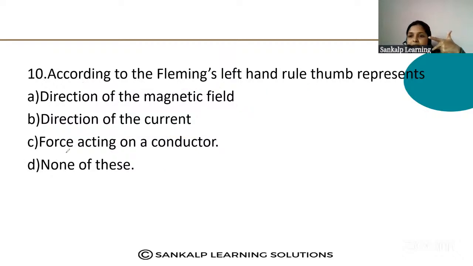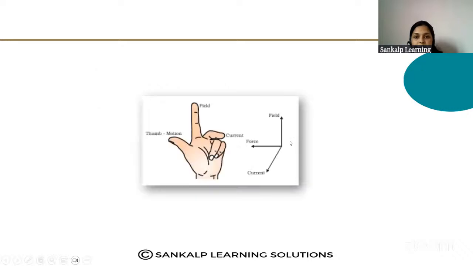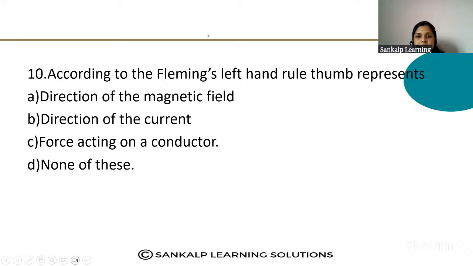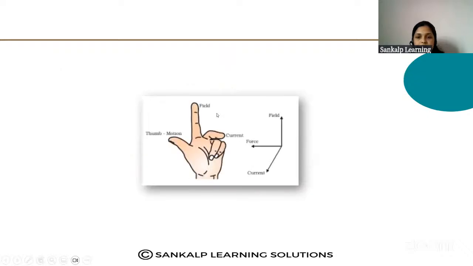The middle finger represents the direction of the current, the index finger represents the magnetic field, and the thumb represents the force. So the option is force acting on a conductor. Option C is the correct answer. This is Fleming's left hand rule. Very important.